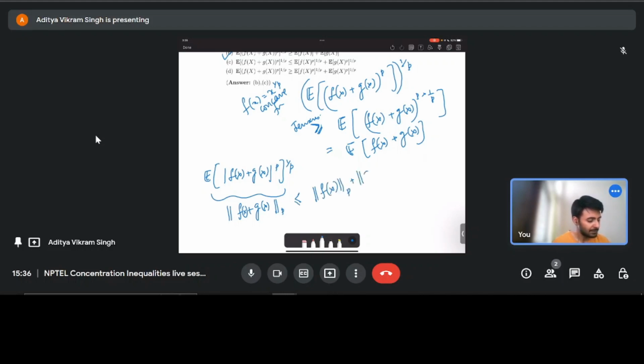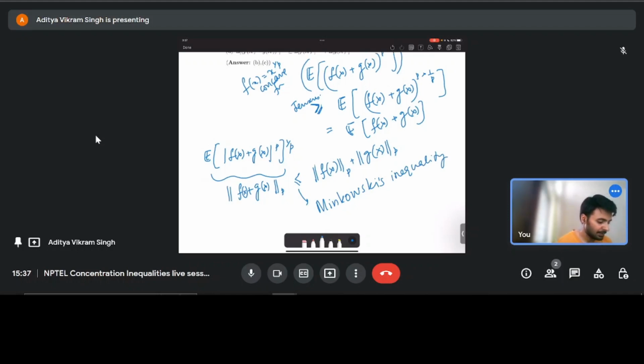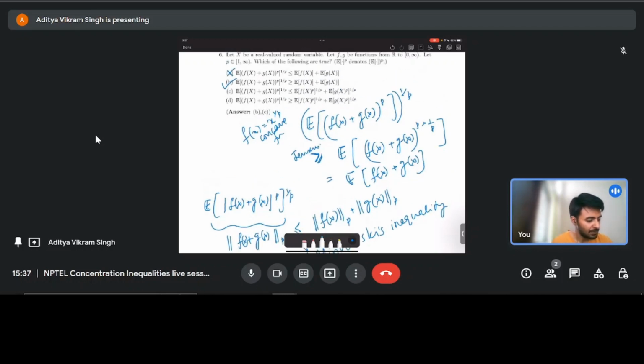If you want to look it up, this is called Minkowski's inequality, which is basically a triangle inequality for these general norms, for the pth norm. So C is again correct.